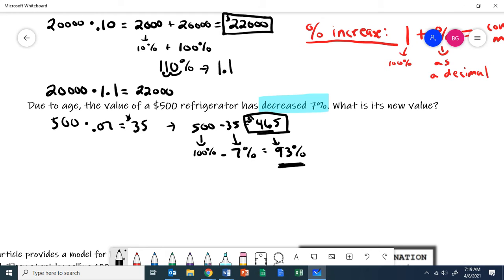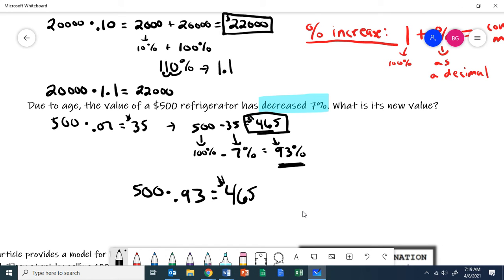So the way we can think about this is taking 100%, minusing what we don't want, and that gets us this new value. So if you multiply 500 times 93% as a decimal, which is 0.93, you should try it in a calculator, you should get $465, which is exactly the same value. So getting this to 93%, using that as our multiplier, is what we're going to have to do in this chapter.